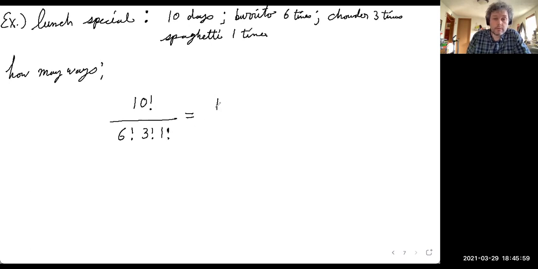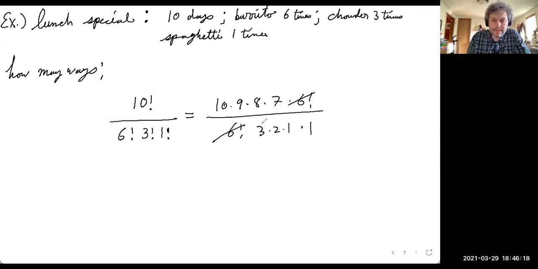So 10 times 9 times 8 times 7 times 6 factorial over 6 factorial. I can cancel that off. 3 factorial is 3 times 2 times 1, which is also 6, and then times 1. Okay, so let's see. We have a 3 here, and I have a 9 here, so I can turn that 9 into a 3. I have a 2. I have an 8, so I could turn that 8 into a 4.